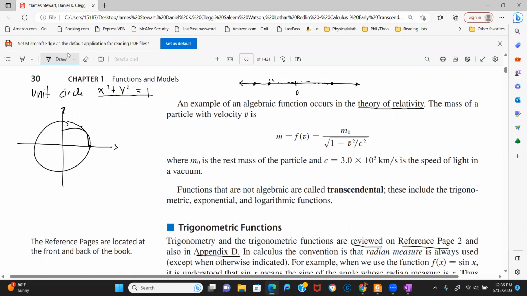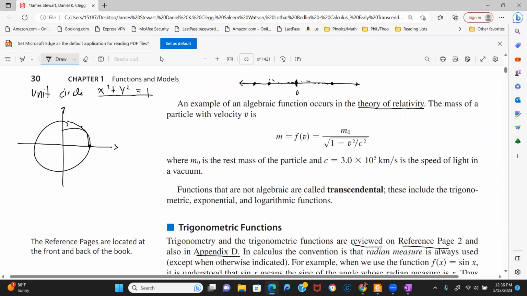I give you a number, it's either positive or negative. If it's negative, it means you move to the left of 0 a certain number of units, and if the number is positive, it means you move to the right of 0 a certain number of units. We use this point 0 as the origin, our fixed point.